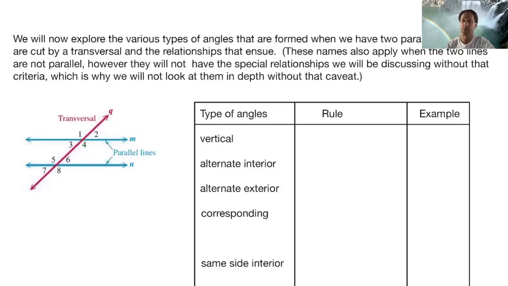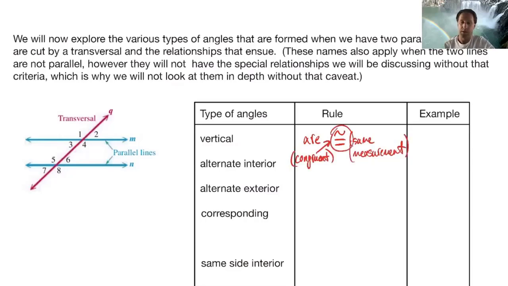The fancy math term that we use for the same measurement but not in the exact same place is congruent. And because it doesn't mean exactly the same like the equality symbol does, then we're also going to make it a little bit different. And so the rule is that they are congruent or the same measurement.